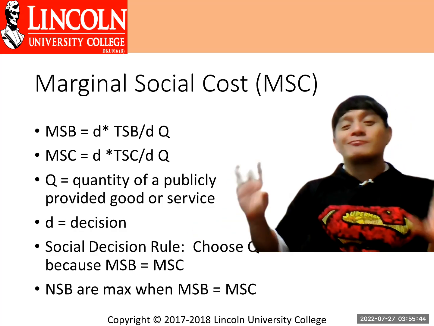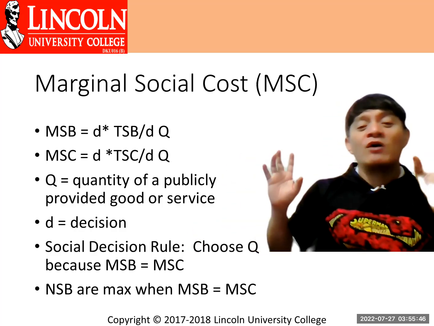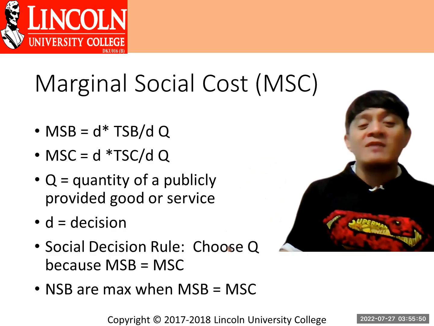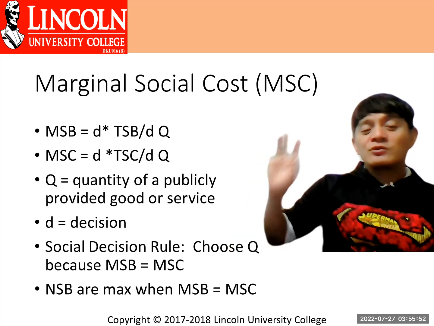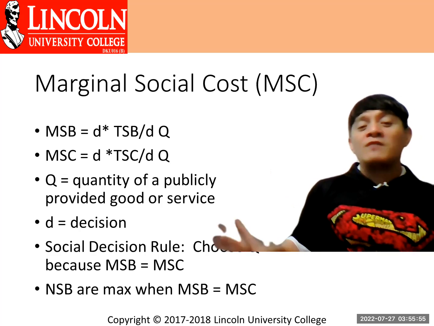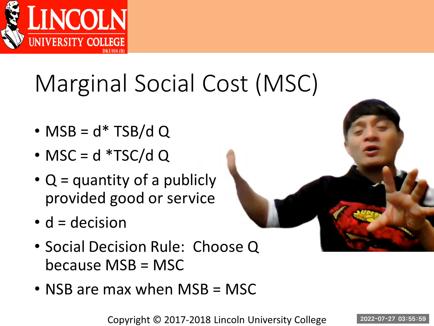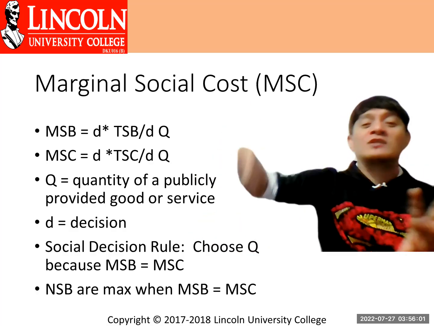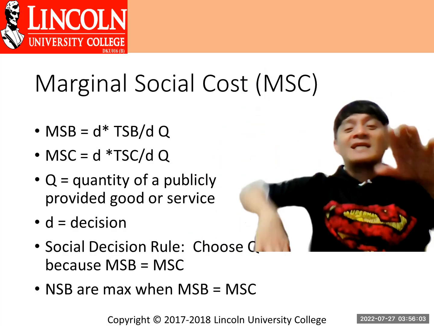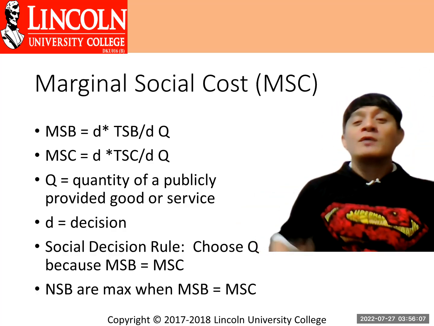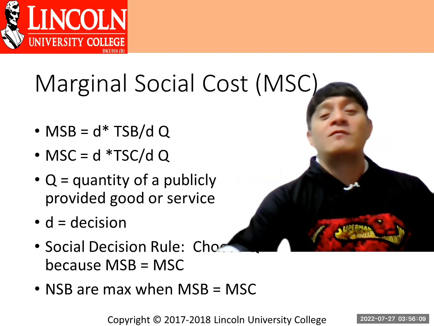Remember, the net social benefits can be maxed out if they are equal to each other. So, aim that the marginal social cost, the additional cost that you put on, should be lesser than the benefit that you're looking for. Reduce the cost, gain the benefit.